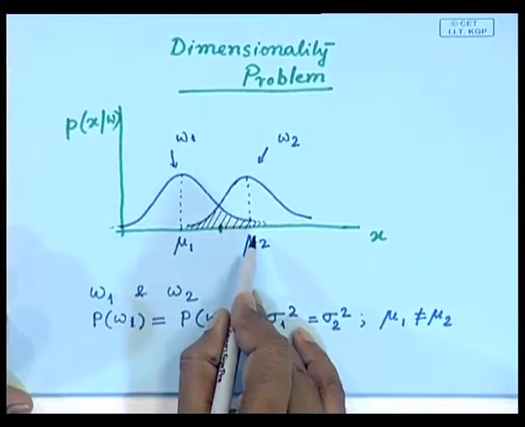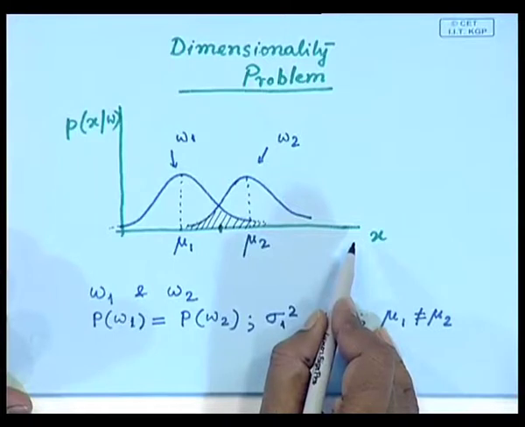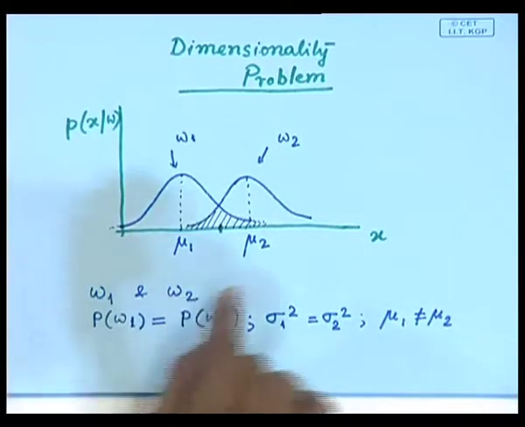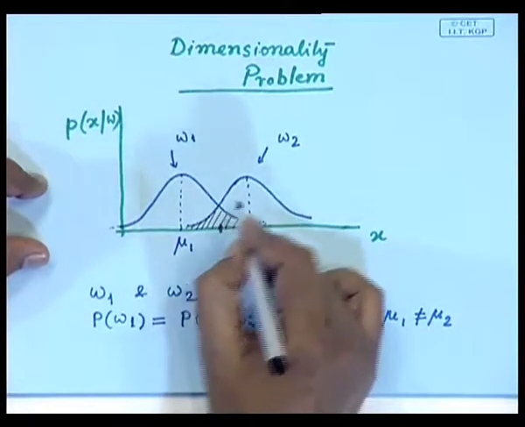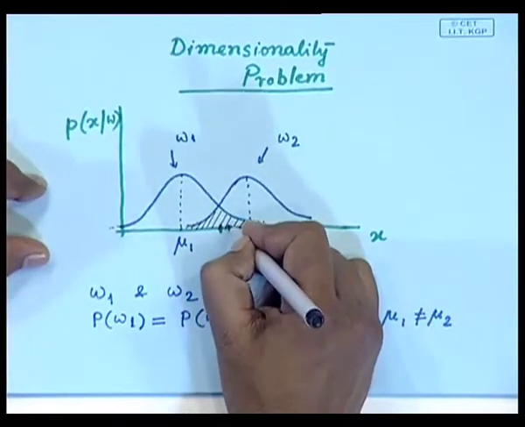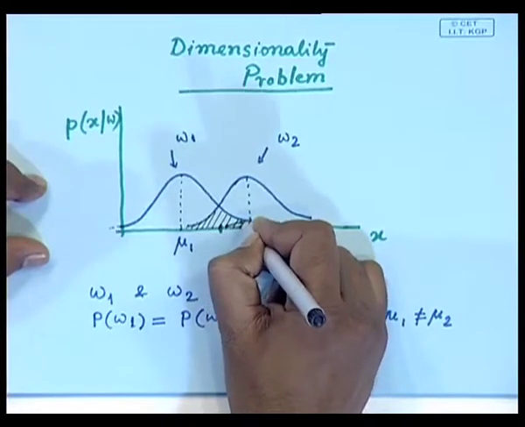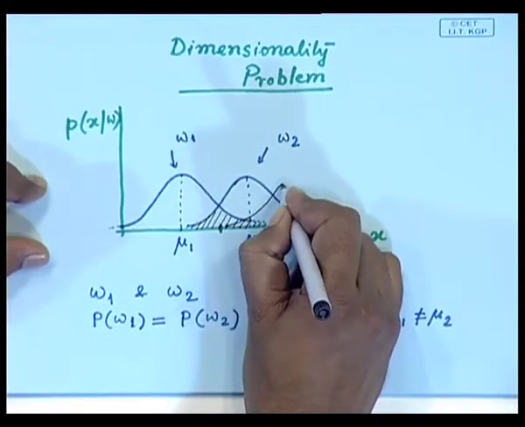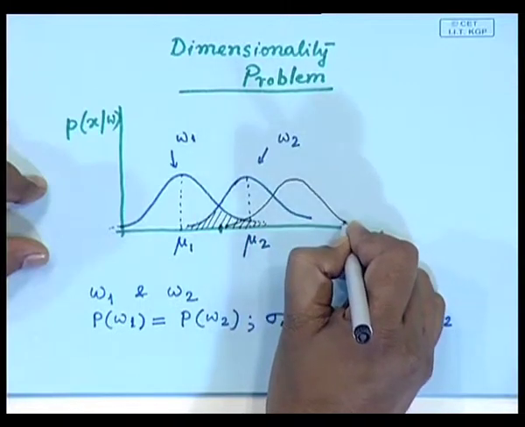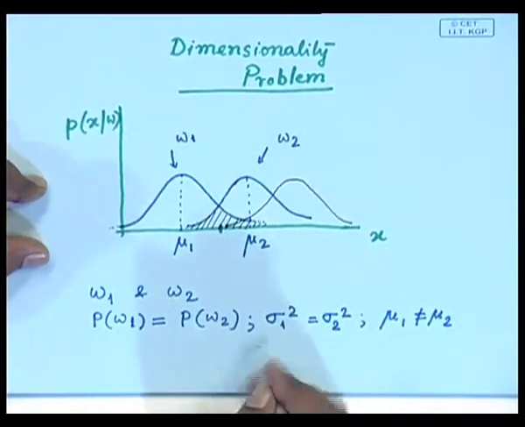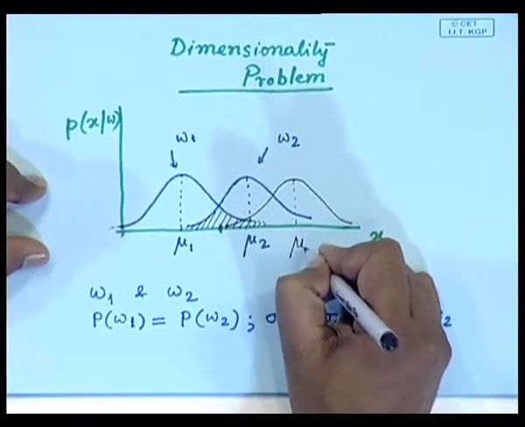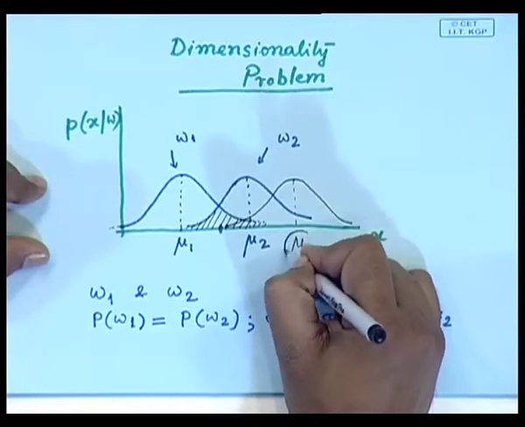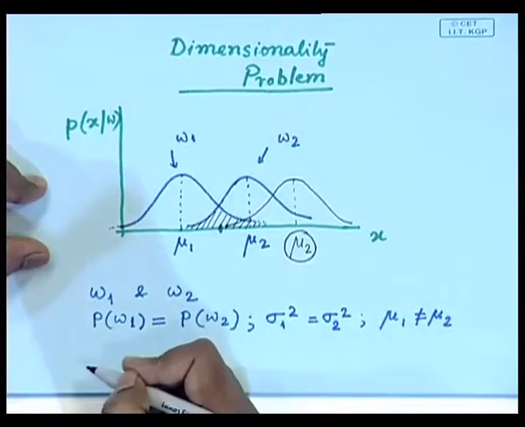Okay. Now, find that if I shift this mu 2, that is, instead of mu 2 being here, if mu 2 is, so if for class omega 2, the probability density function is something like this. Okay. So, suppose this becomes my mu 2. Okay.